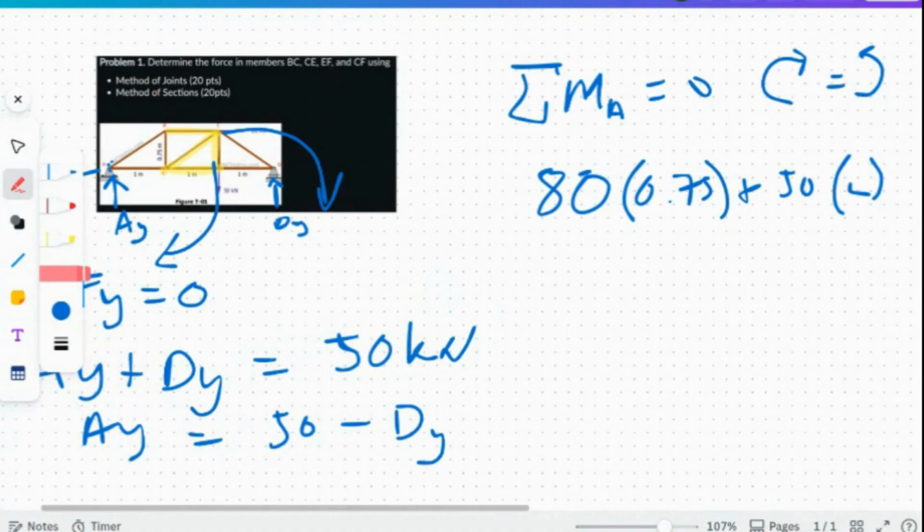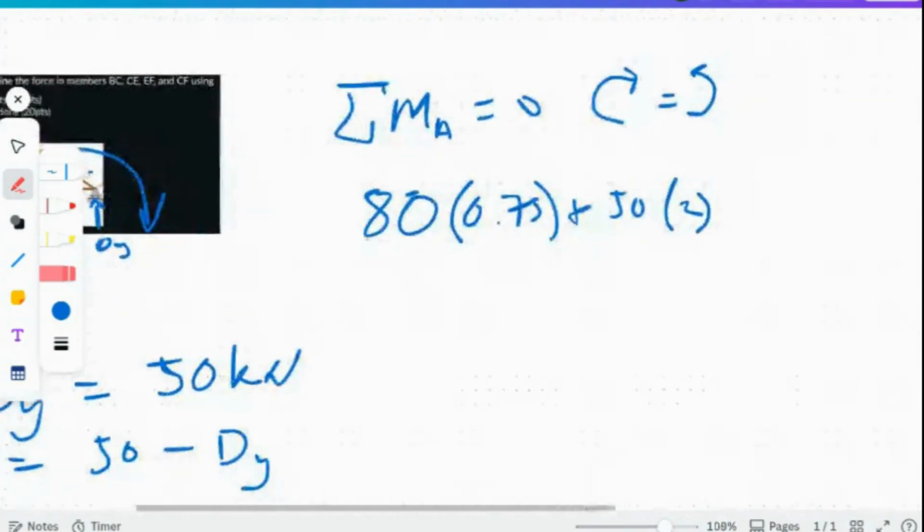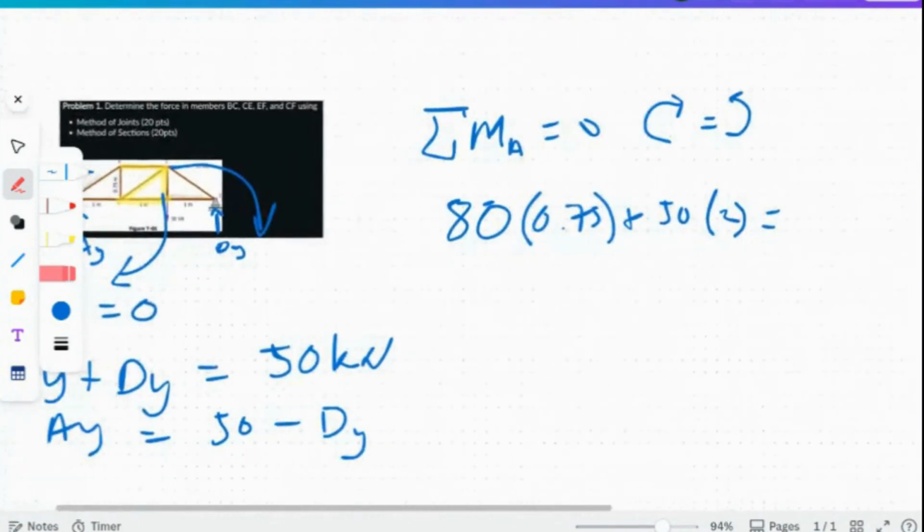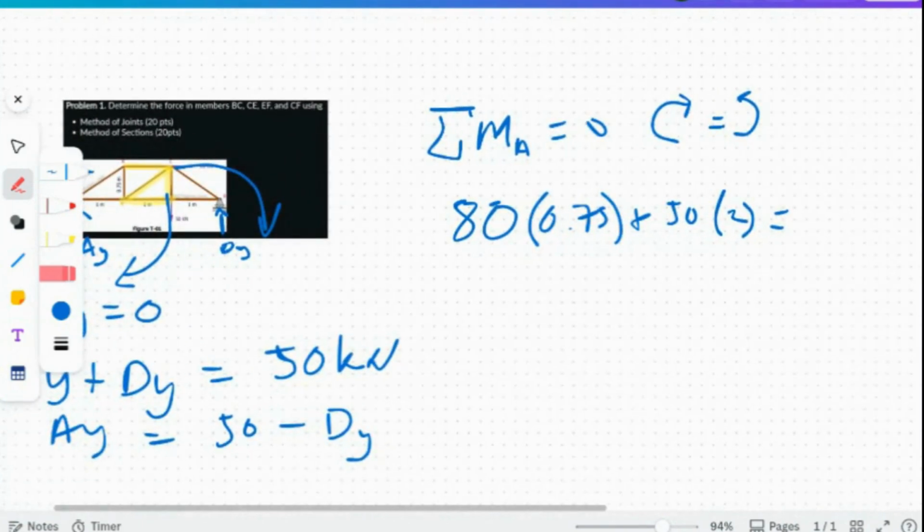Oops, that doesn't look like it. Times 2. Well, still better than last weekend. I'd rather show you these writings compared to the other video. And finally, DY going counterclockwise, times 3.